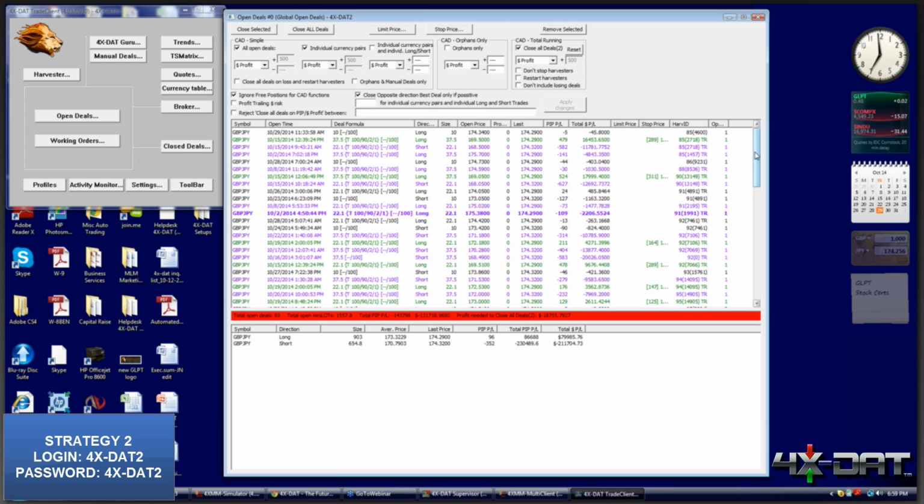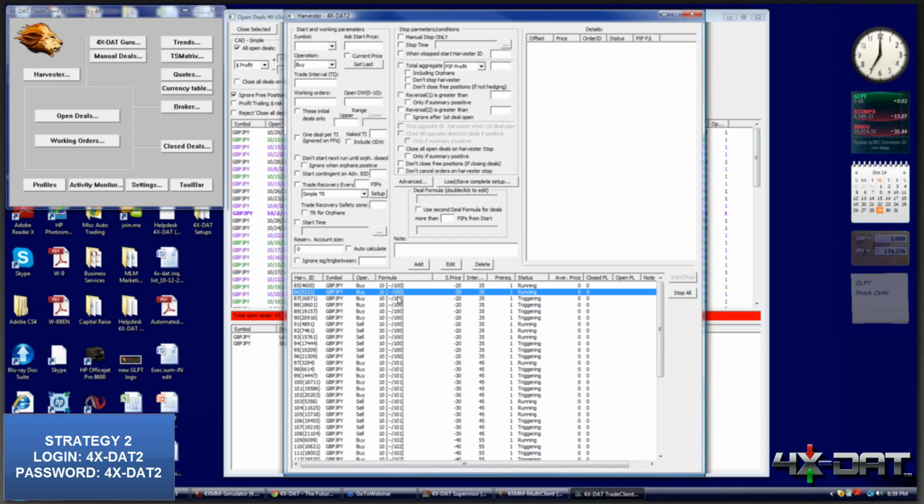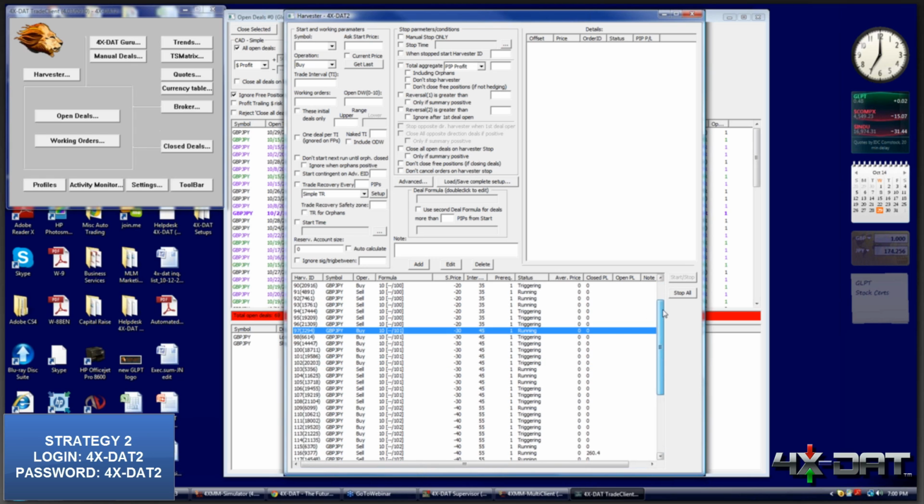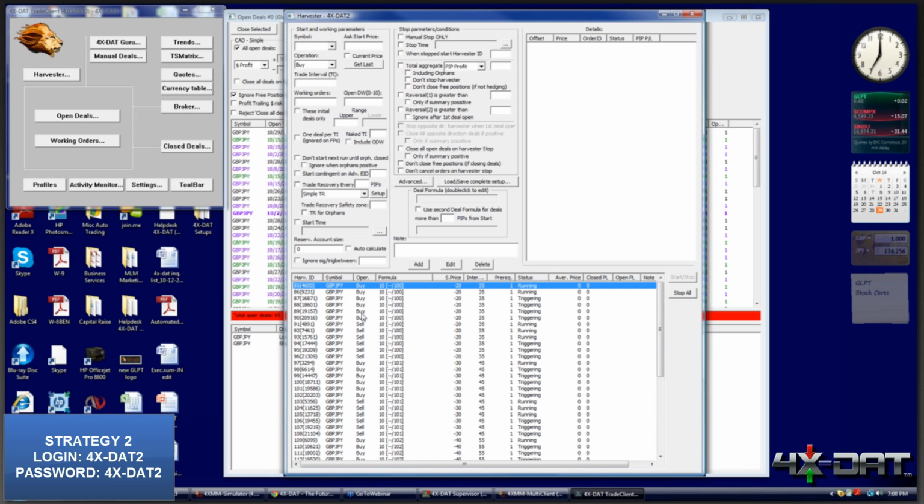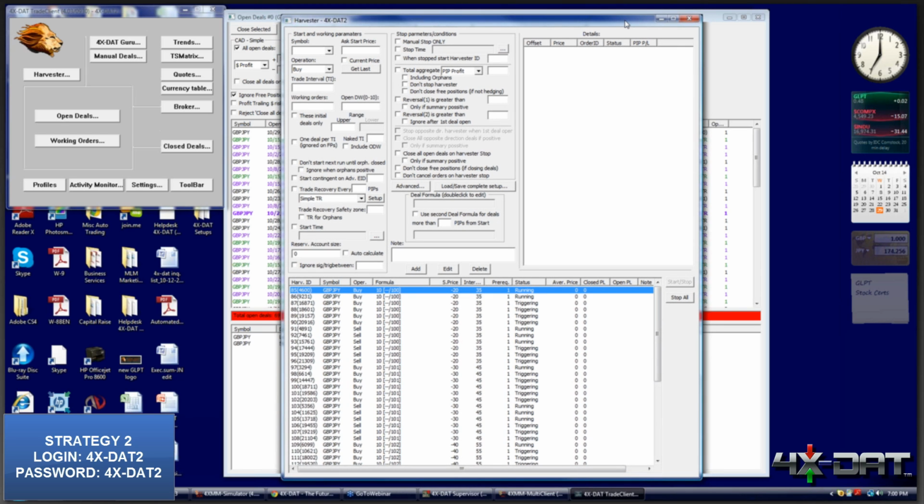So basically, when the market doesn't want to cooperate, the algorithms that are employed, and you see them listed in the harvester window, all rely and call on each other and help each other. It's like an orchestra playing in unison.